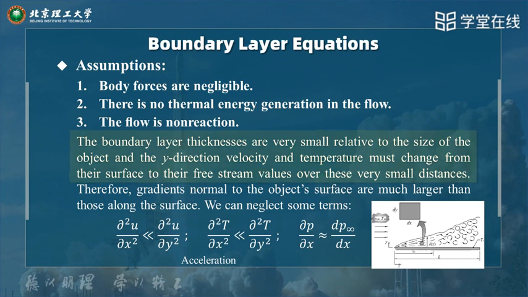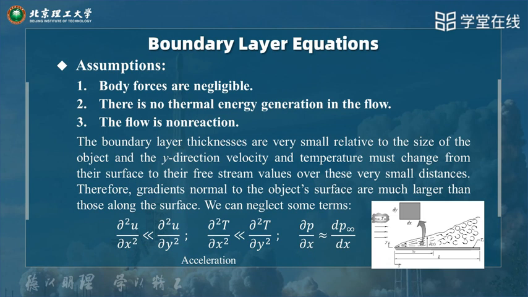The boundary layer thickness is very small relative to the size of the object, and in the y direction, the velocity and the temperature must change from the surface to the free stream. In this region, the change is very big. However, in the x direction, the change is not so big.